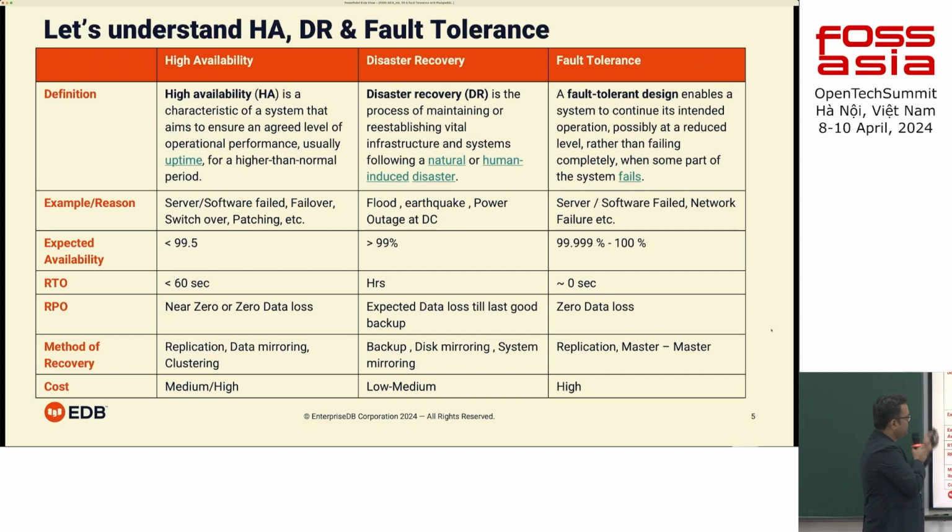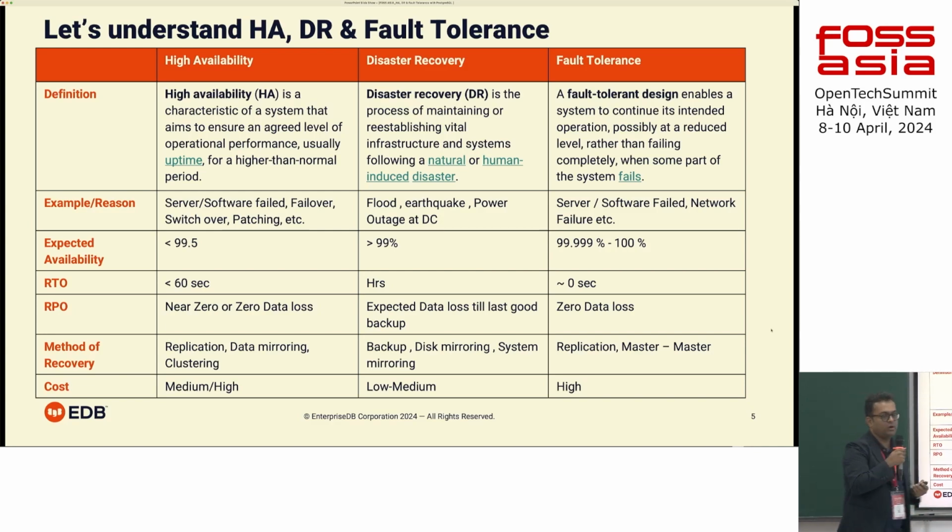These are some of the situations where high availability, disaster recovery, and fault tolerant systems occur, especially in the Postgres case, or maybe many database use cases. At a very high level, when you talk about HA, you talk about a single data center or single region. You do not talk about cross region. That's an HA kind of system.